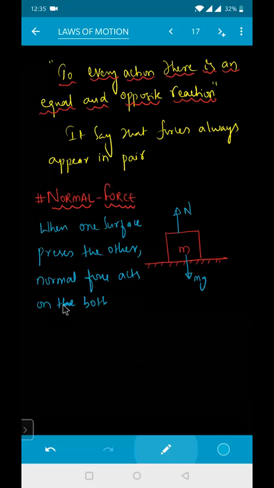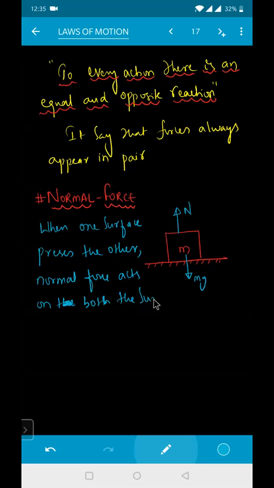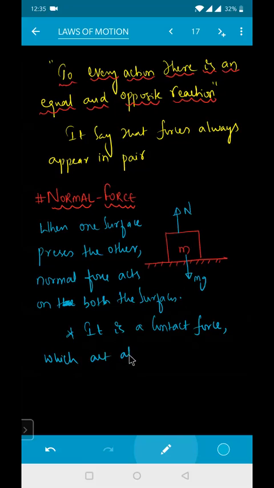It is a contact force, which always acts at right angles. If there is no contact, there is no normal. It is a contact force which acts at right angles to the surface in contact.